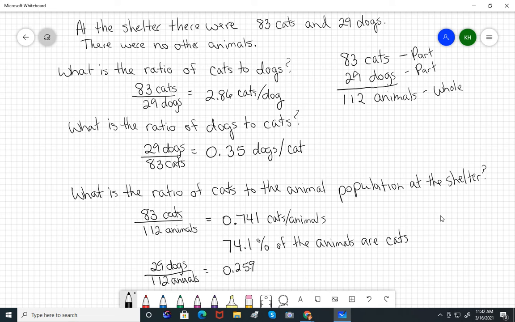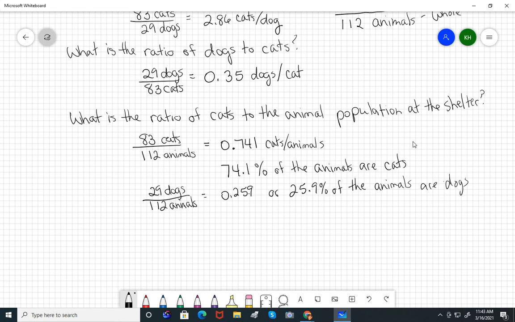But if we make it a percent, 25.9% of the animals are dogs. Obviously, if you add those two together, 74.1, 25.9, we get 100%. That accounts for all of the animals at this shelter.